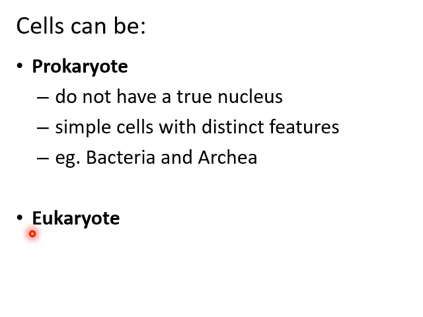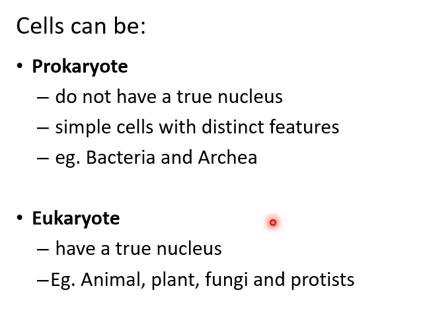The U part here means true, and there's our nucleus name again. So these are organisms that have a true nucleus, and we'll talk about it later, but basically it means that the genetic material is all put together in this nice membrane-bound nucleus. So these are our animal cells, our plant cells, our fungal cells, and our protist cells.